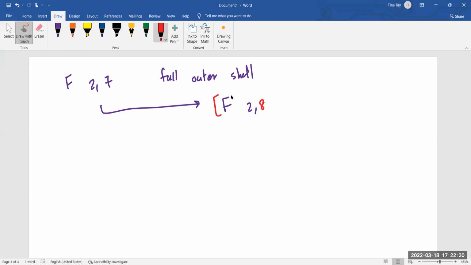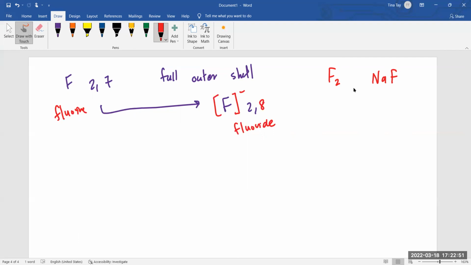When it forms 2,8, now it has a full outer shell and it's a negative ion. So from fluorine, it becomes fluoride. Correct. Now, if I give you the formula F2 and sodium fluoride, which one is the fluorine molecule and which one is the fluoride?